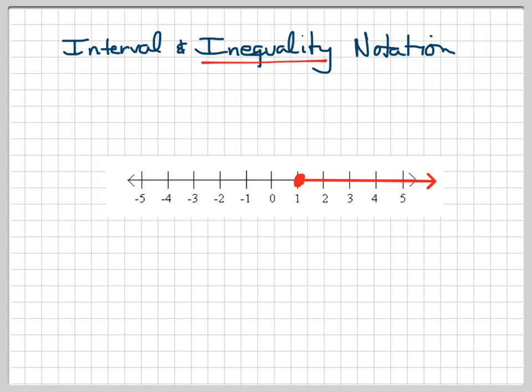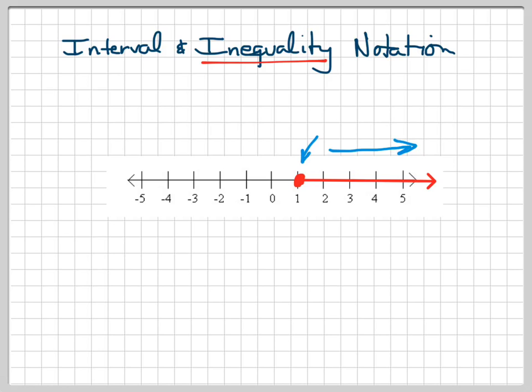Let's use the variable x here to describe all the numbers that are shown in the red line on the number line here. If you notice, it starts at 1 and then it points to the right, which means it goes to bigger and bigger numbers. And every single number from 1, including 1, notice the dot at 1, and all the numbers on the red line, the fractions included, and the whole numbers 2 and 3, and all the decimals, and all the irrationals, everything bigger than 1 is covered by that red line.